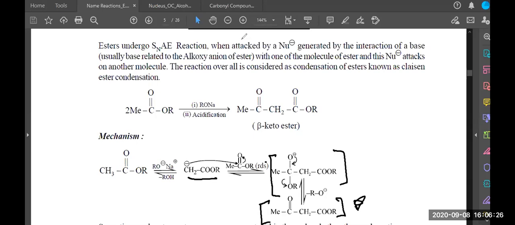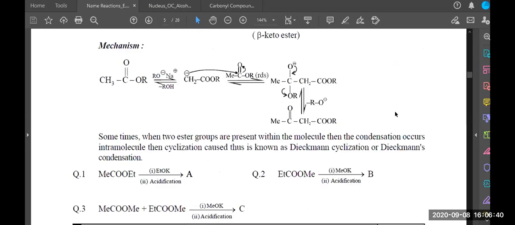Now, we'll see some problems of this. Try these three problems, everyone.